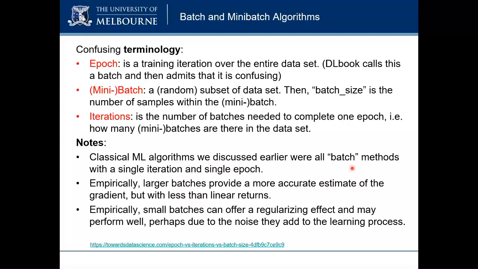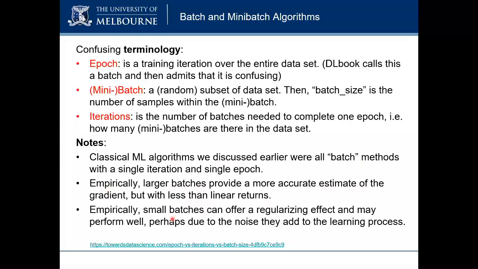But when we train a neural network, because we are doing an approximation by subsampling and iterating through the subsamples, we often go through multiple epochs, right? So multiple iterations. We go over the data set a few times over and over again.